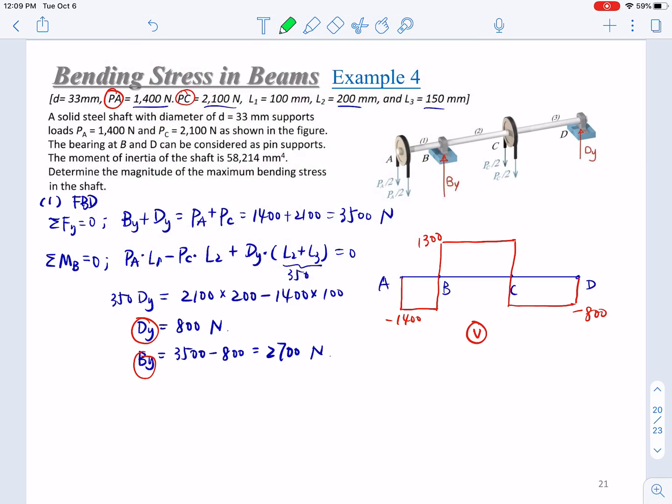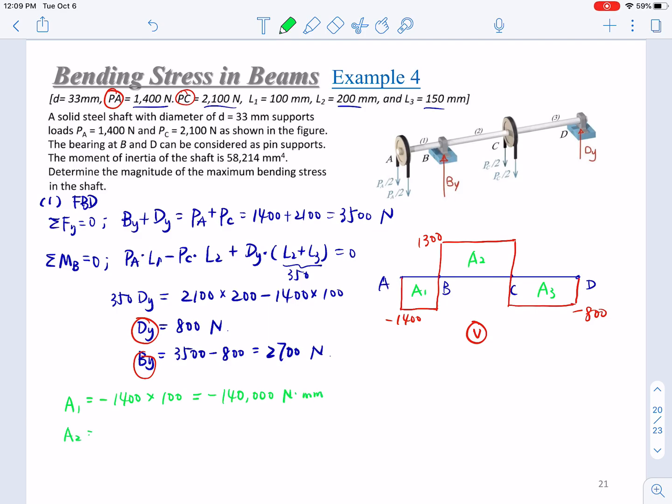Okay, then we can calculate A1, A2, and A3 so that we can draw our moment diagram. Right, so this A1 in this figure equals negative 1400 times L1, that is 100. Right, so you get negative 140,000 Newton millimeter.